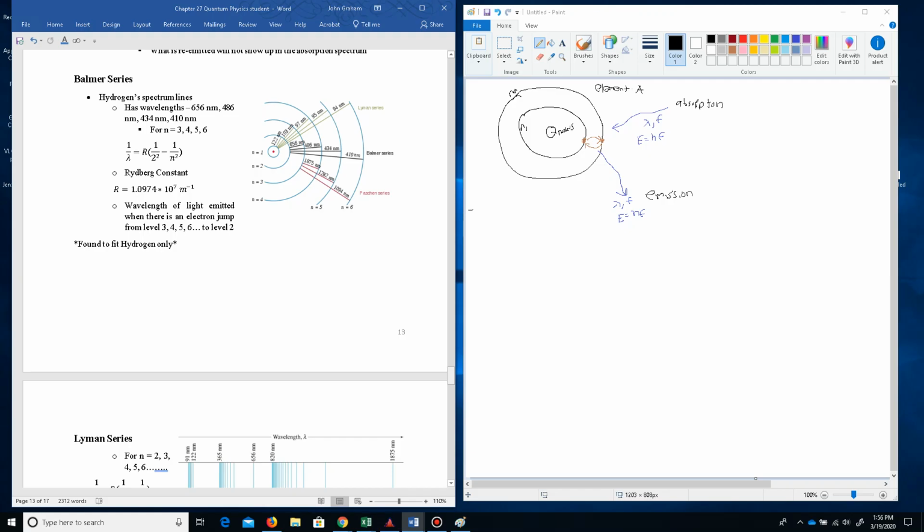And basically, this is using a similar formula to what we had, only instead of looking at the energy, we are looking at 1 over the wavelength. That's equal to R times 1 over, I'm going to call it N1 squared minus 1 over N2 squared.